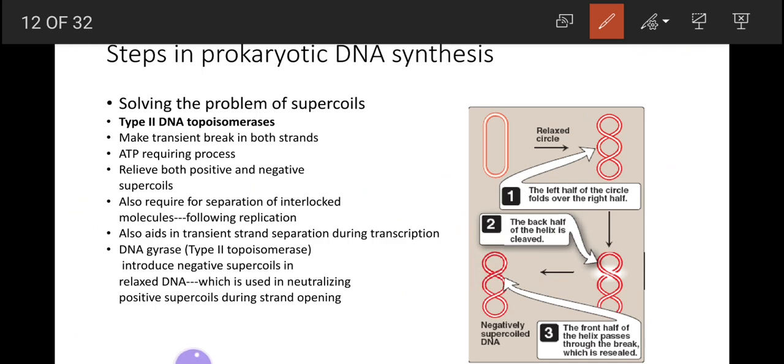In this process ATP is required, and it relieves both positive and negative supercoils. Another function of type 2 topoisomerase is that it is also used in the separation of interlocked molecules following replication.